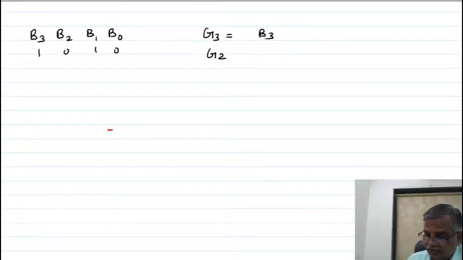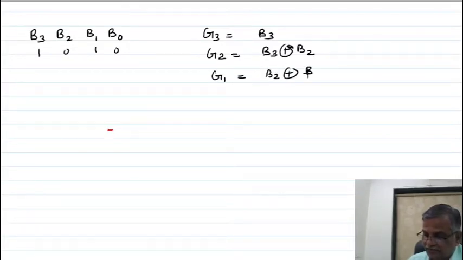G2 is the exclusive OR function of B3 and B2. G1 is the exclusive OR of B2 and B1. And G0 is the exclusive OR of B1 and B0.